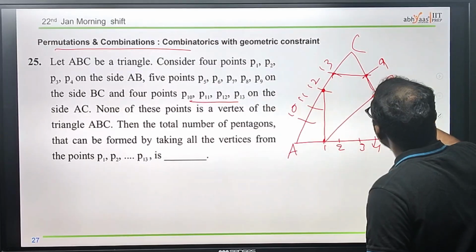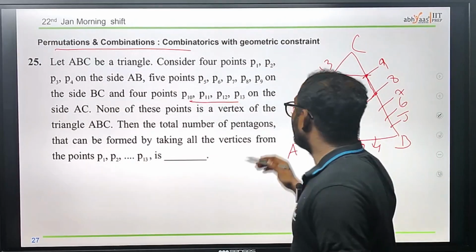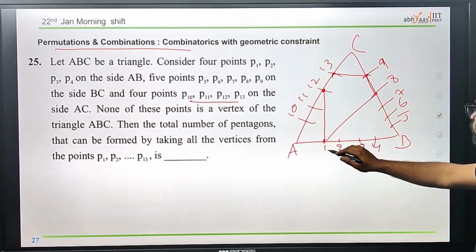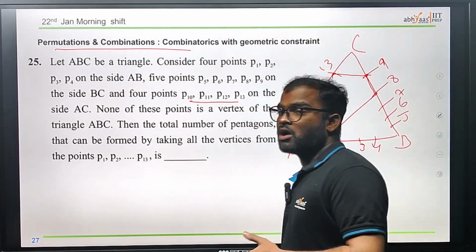We have to choose two points and join them here as well, and this will become a pentagon. That's how we choose two points from one side and one point from another, and see how the pentagons can be formed.